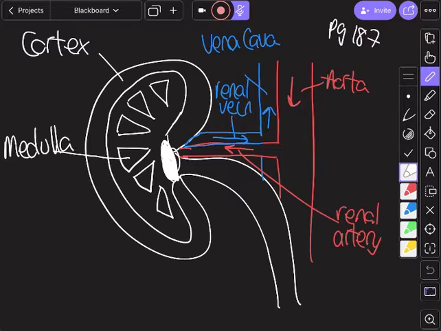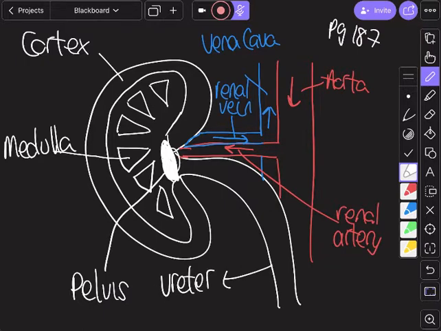We've seen the word medulla when we did medulla oblongata for control of our diaphragm and making us breathe in. This white bit that we've coloured in here is called the pelvis, and this is the tube that takes the urine once it's made to your bladder, your ureter.